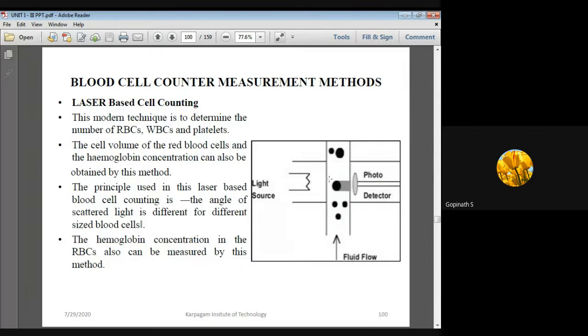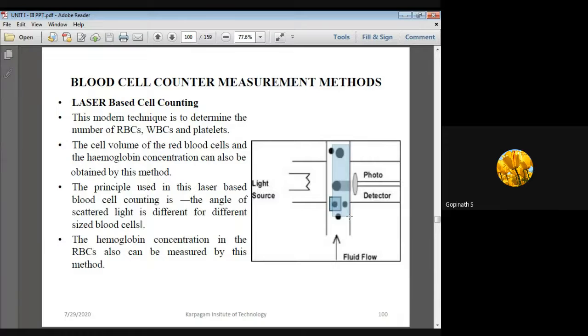Once the light goes across the RBC, its density will be changed at the output. For WBC and platelets, the density also may be changed. So the light density for the WBC, RBC, and platelets is not common.